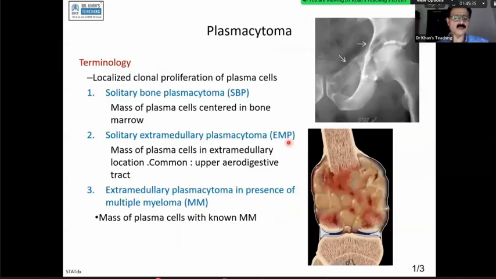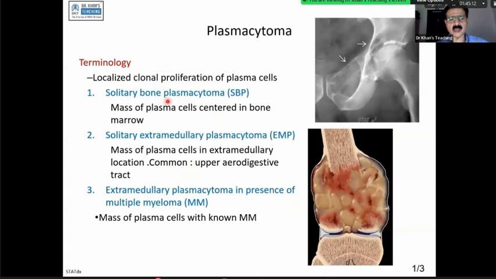Right. Now, plasmacytoma versus multiple myeloma. This concept should be in your mind: what is a plasmacytoma? It is a localized clonal proliferation of plasma cells. Solitary bone plasmacytoma, look at this word. It tells you that this is a single lesion.